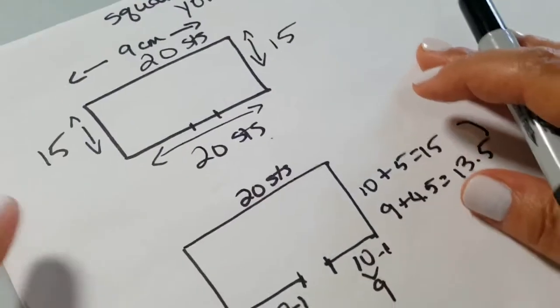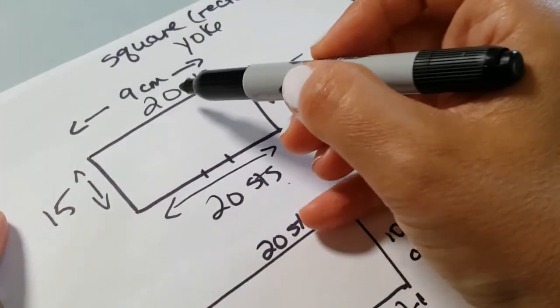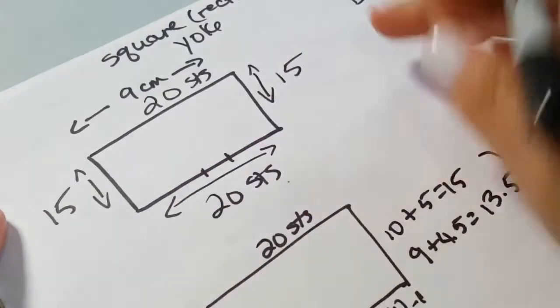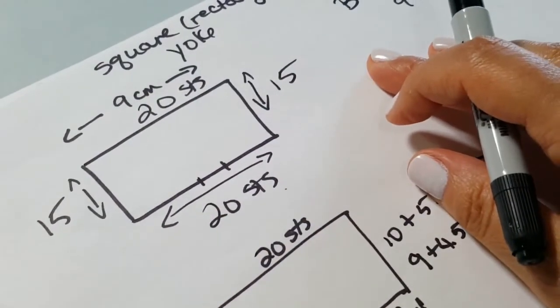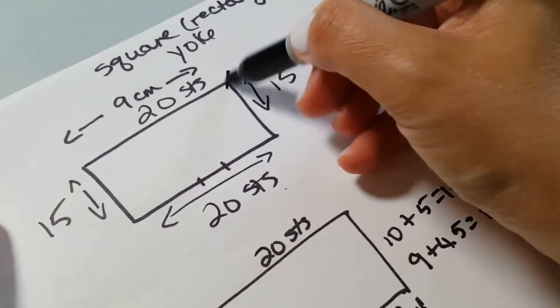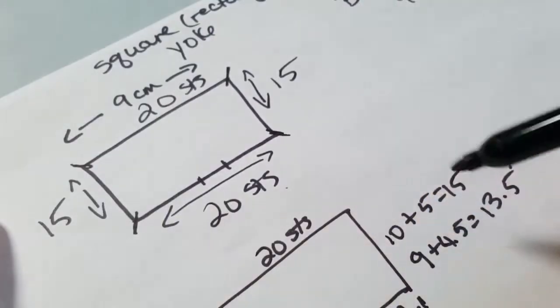Okay, so now for your square yoke, we know that we've got 20 stitches in the front, 20 stitches in the back, and 15 stitches on each side, but we're not done. The raglan design requires us to have increases in each corner.